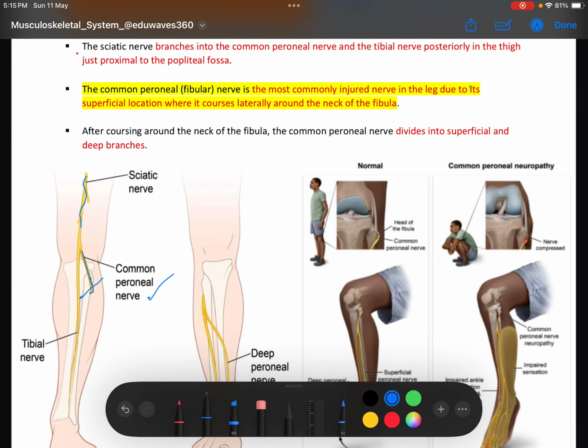If any fracture happens here, the patient will get foot drop, because with a fibular neck fracture or any trauma, the common peroneal nerve will get injured. The common peroneal nerve then divides into the superficial peroneal nerve and deep peroneal nerve.